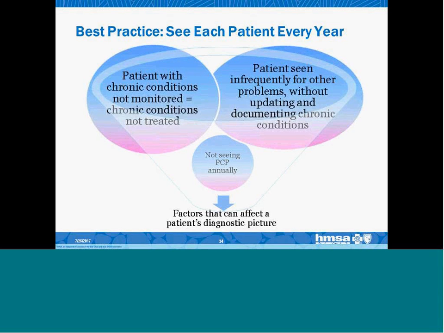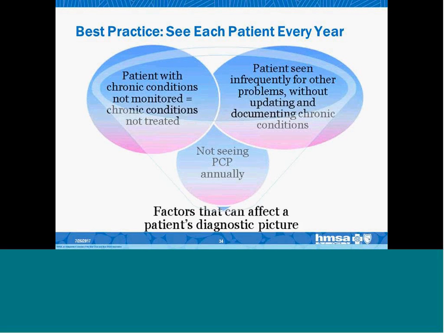Maybe they only come in when they have some acute condition they want addressed. And of course, we also have those patients who just don't come to see their PCP annually unless they have something really acute happening that they need taken care of. These are all likely to have many missed opportunities for risk adjustment scoring.